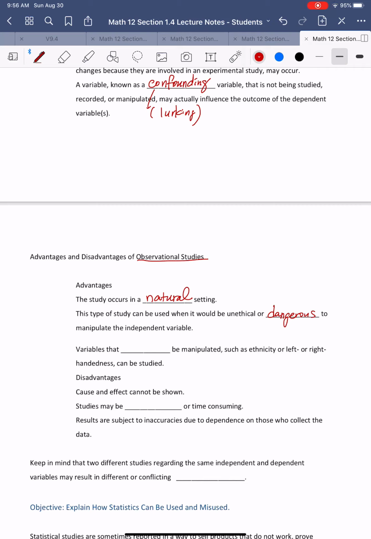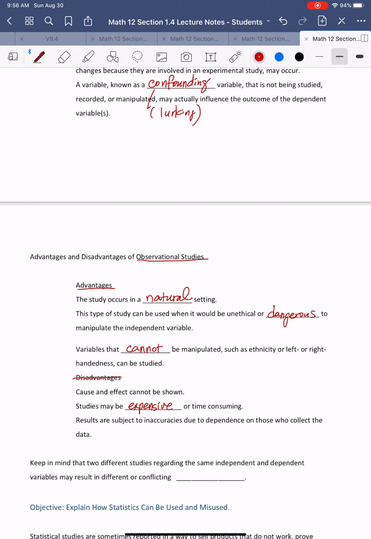Also, variables that cannot be manipulated, such as ethnicity or left or right-handedness, can be studied. All right, the disadvantages: cause and effect cannot be shown, and the study may be expensive because you have to wait, and time consuming.